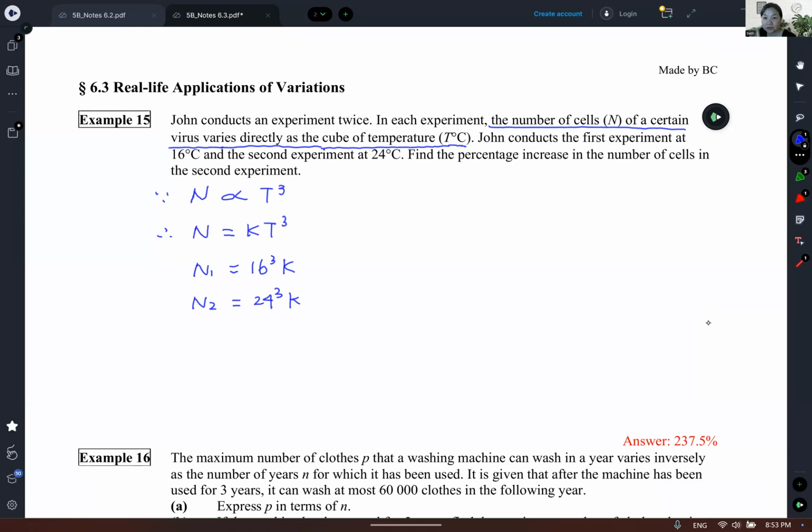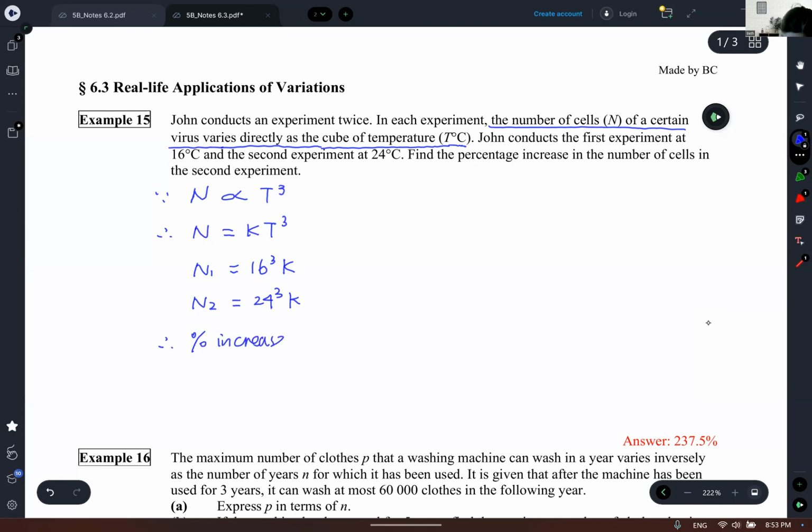Now, although we don't have enough knowledge to find K, I think it's enough to find the percentage increase. Therefore, the percentage increase in N equals (24 cubed K minus 16 cubed K) divided by 16 cubed K times 100%.